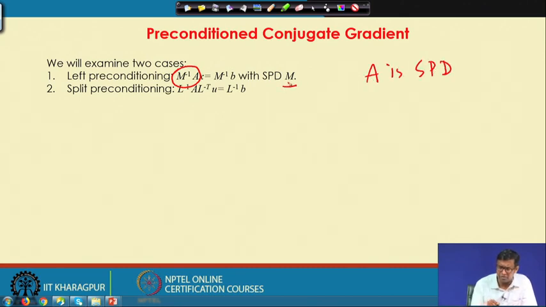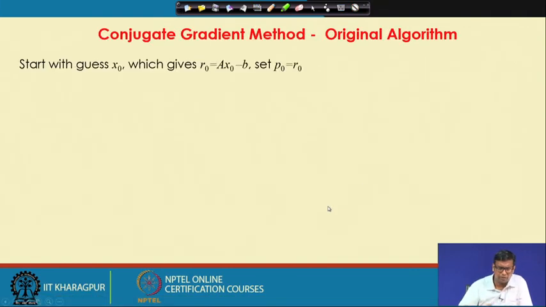So, if M is symmetric positive definite, M inverse A will remain symmetric positive definite, and L inverse A L inverse transpose will also be a symmetric positive definite matrix. So, conjugate gradient will be applicable here. Both these equations can be solved using conjugate gradient. Now, we will see what the implementation of that is.